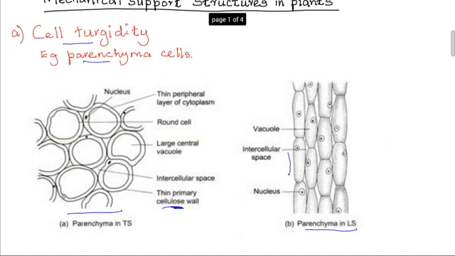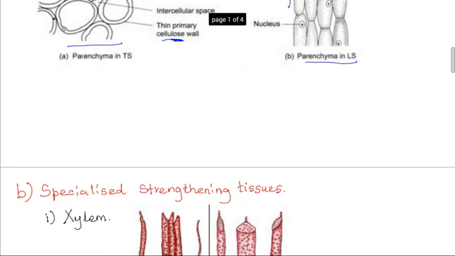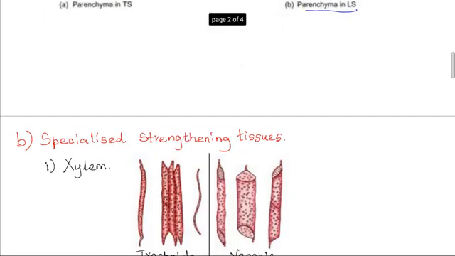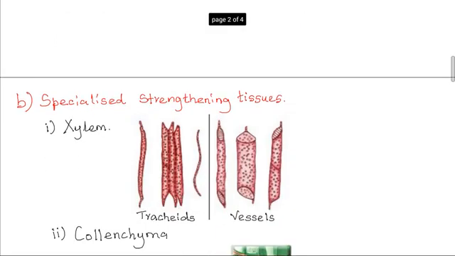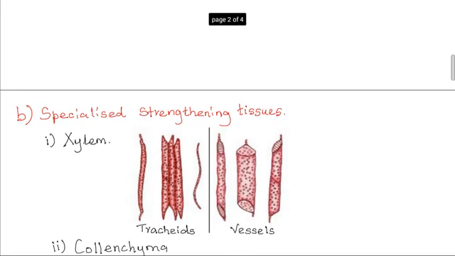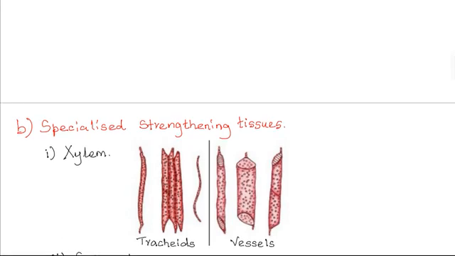in plants. Other structures that provide mechanical support are the specialized strengthening tissues, such as the xylem, both vessels and tracheids. The xylem consists of elongated and non-living hollow elements. Vessels and tracheids are non-living.